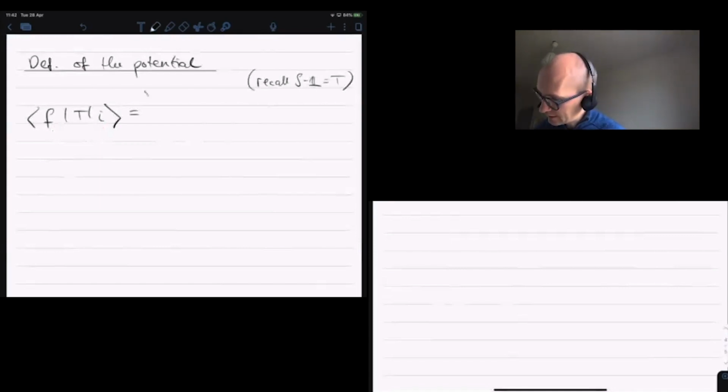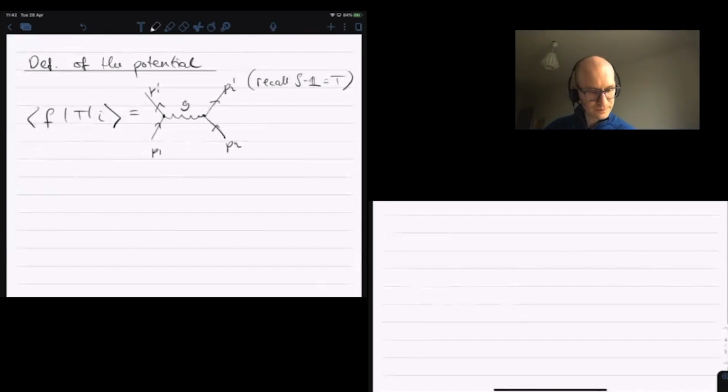And let's look at it in the context where you have the exchange of a graviton. Let's just give the example where it's tree level. P1 primed, P1, P2, P2 primed.